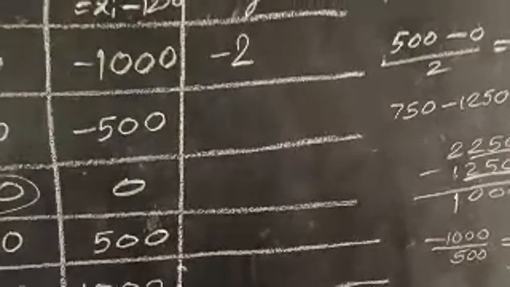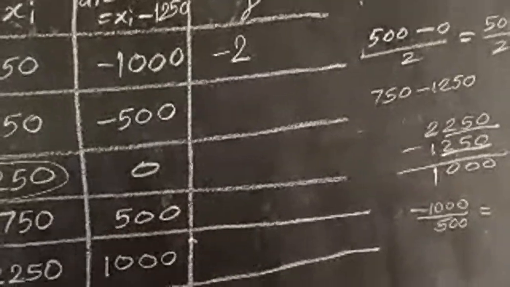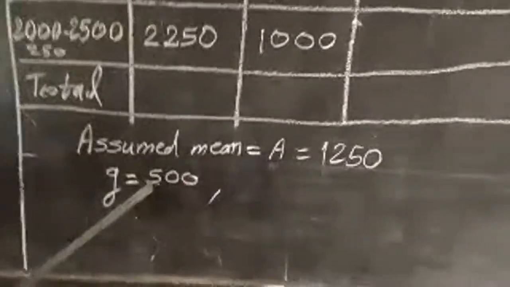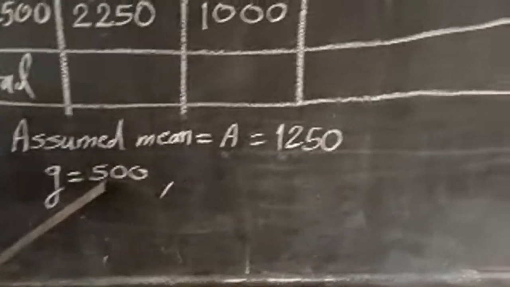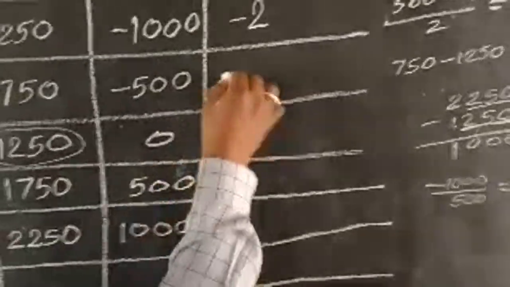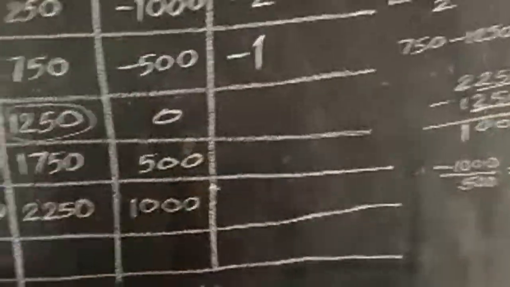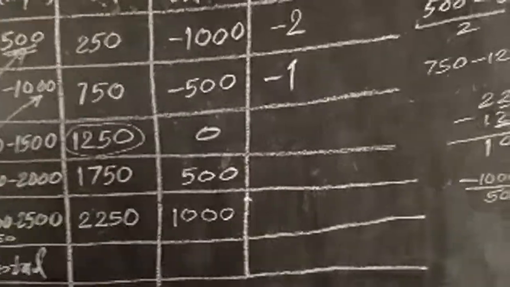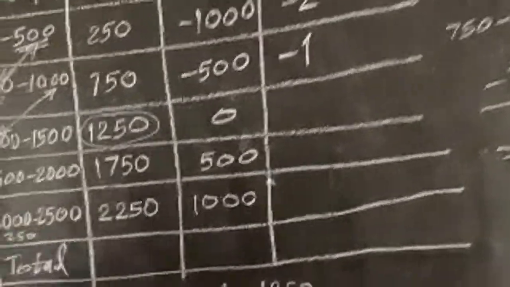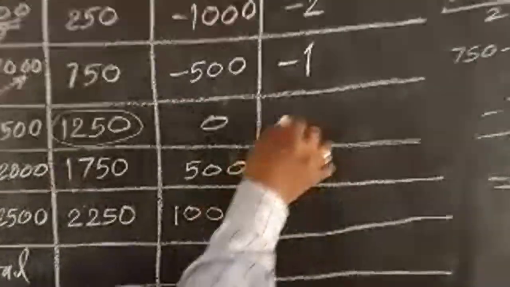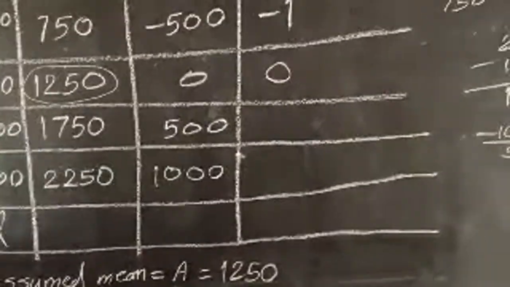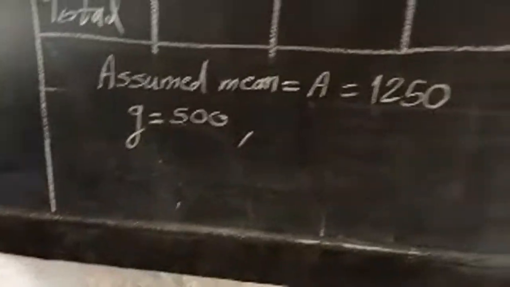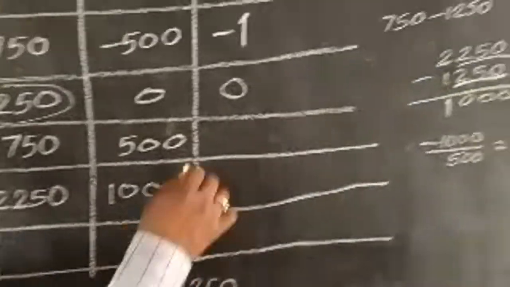Minus 2. Correct. Minus 500 upon 500, what we get? Minus 1. Correct. 0 upon 500 is 0. 500 upon 500, correct, good, we get 1.